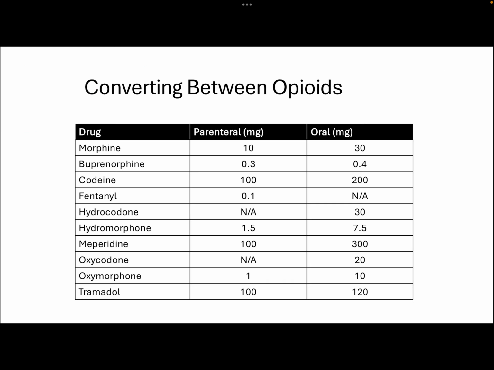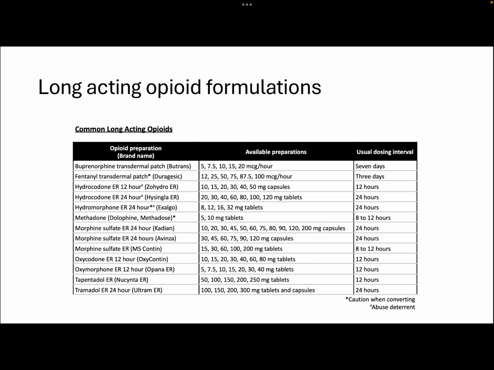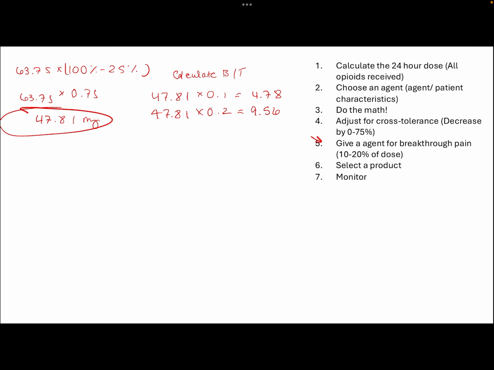So as we can't pick out our agents, we can go back to this Dilaudid. It comes in 12, 16, and 32. We can do 16 times 3 of those doses, and that should get us to 48. So we can go ahead and just do hydromorphone, 16 milligrams. You could also do 4 of the 12s, just depending on where you're at. So actually, we're just going to make this 48 milligrams PO daily.